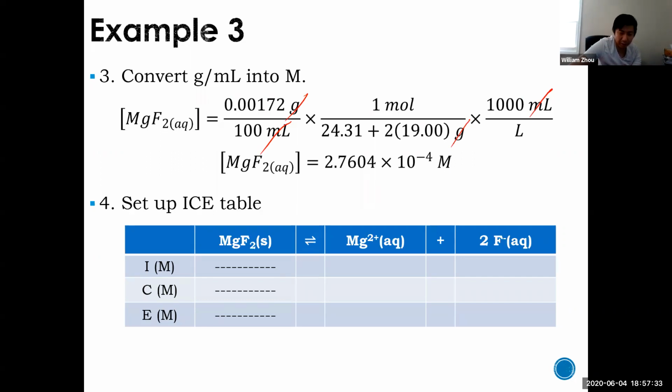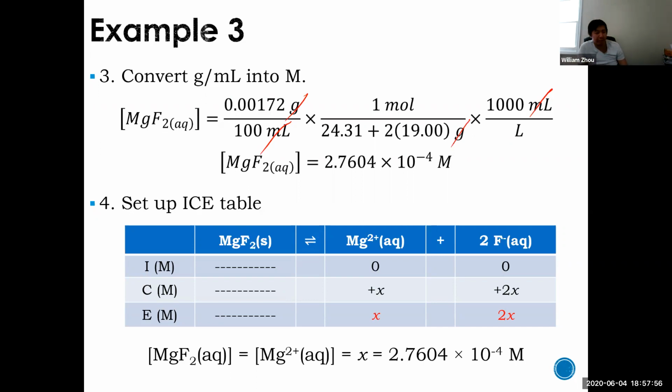So you start to fill out your table. 0, 0, because in the beginning, nothing dissolves. You have x and 2x, and then finally, same thing, x and 2x. That's your ICE table, which is kind of unnecessary. All you need to know is x and 2x. You multiply them together, and you have to square the 2x.